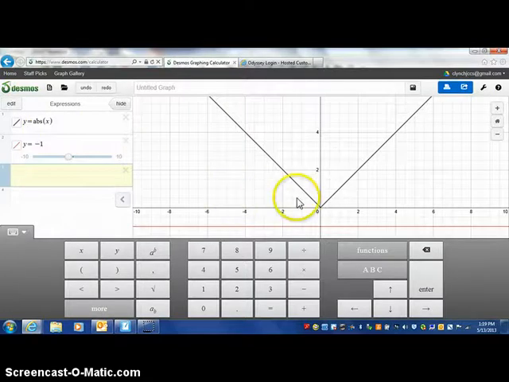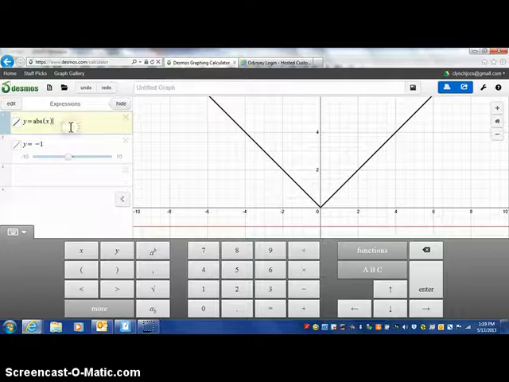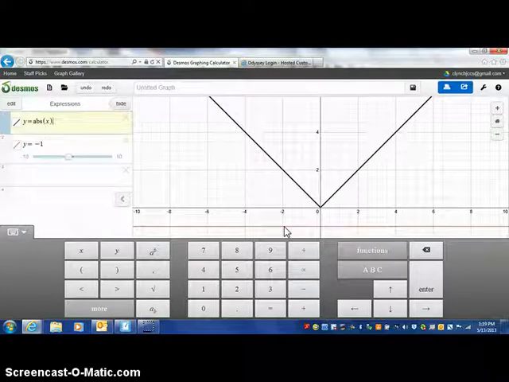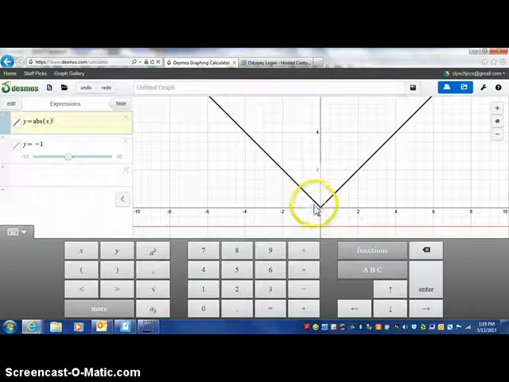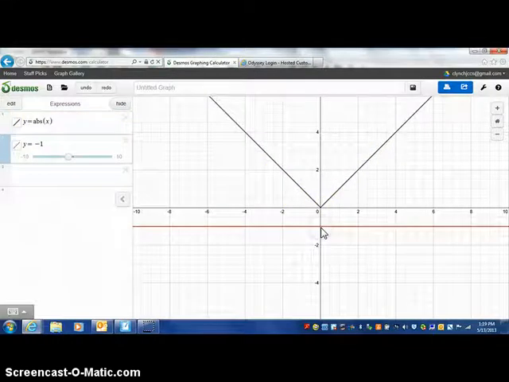So then the question is, when is the value of this, the absolute value of x, greater than or equal to this line, -1? And in this case, you can see that in every point, the absolute value of x is greater than or equal to -1.